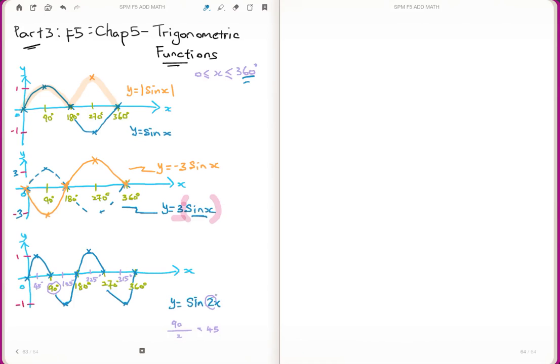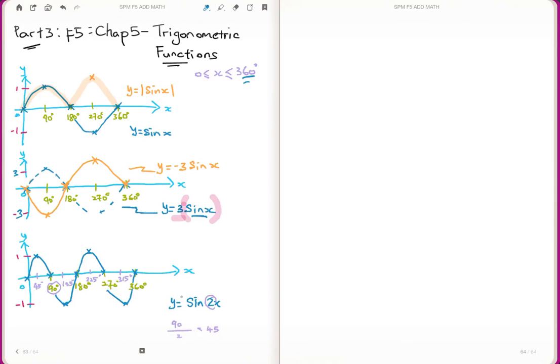So the number in front of x tells how many sine curves within the same range. It is possible to have only half, or a round number and a fractional number. This case would be a round number, which tells the number of sine curves within the same range.